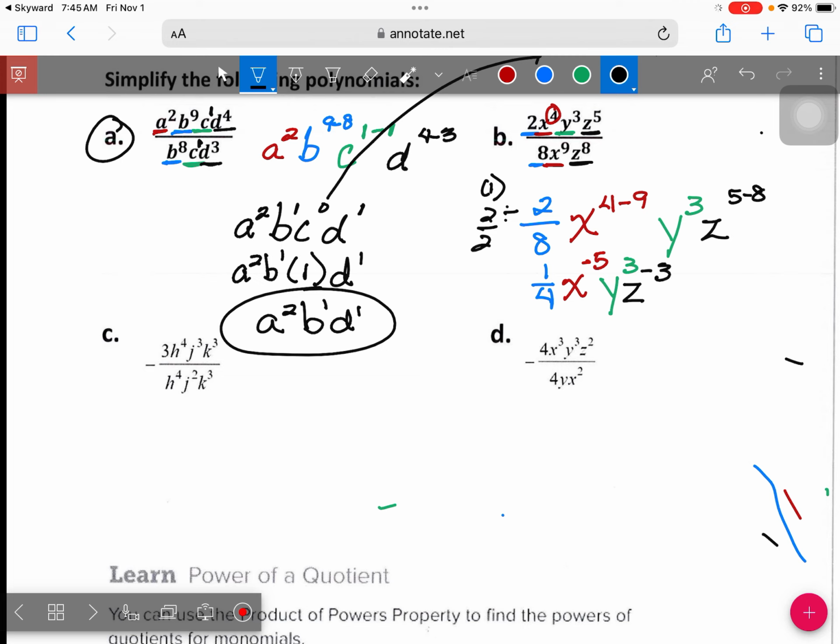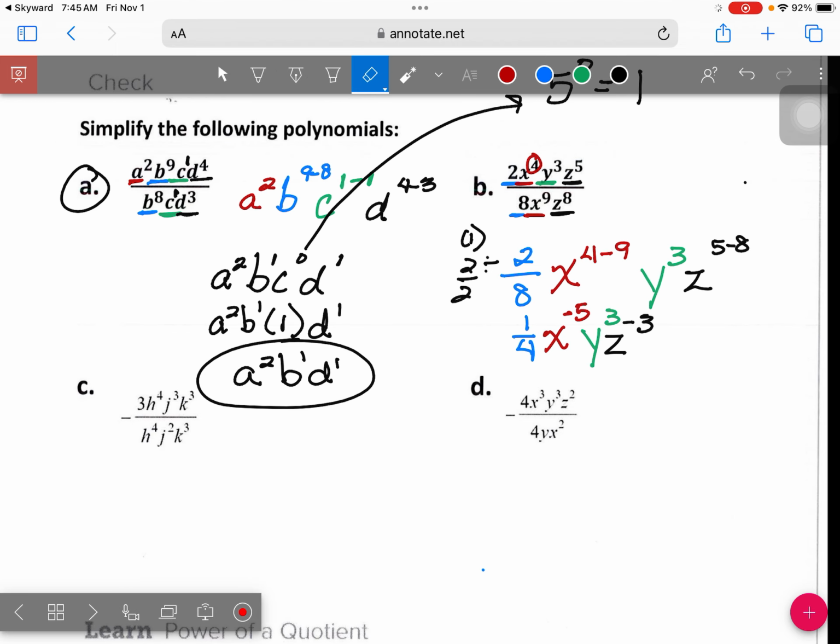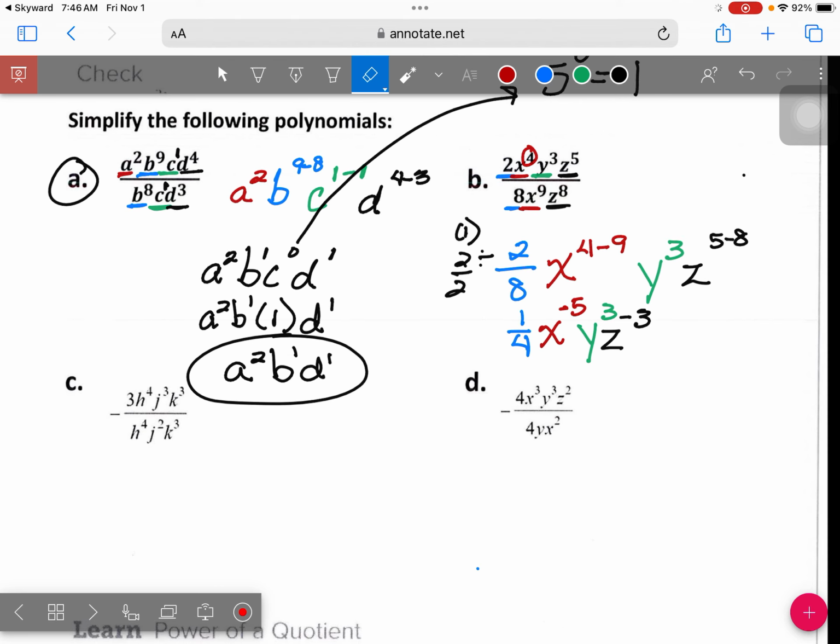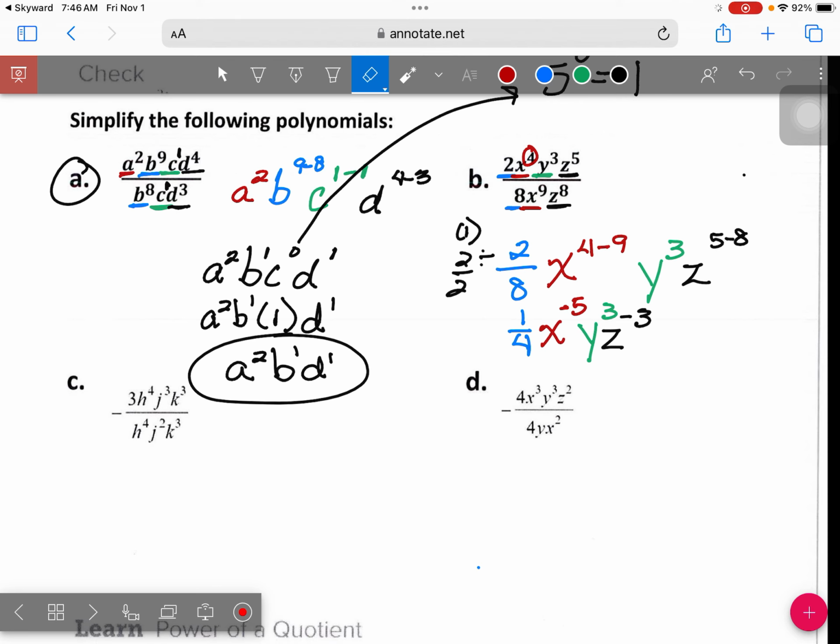Now, if you look in any of these, we don't really have any negative exponents. And when you are simplifying, you do not want any negative exponents. Okay? No negative exponents. So when you have a negative exponent, it says, I'm not going to stay in the numerator.